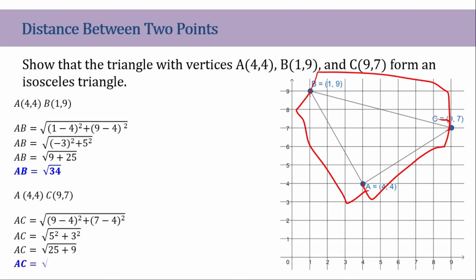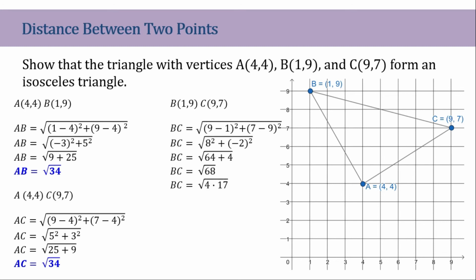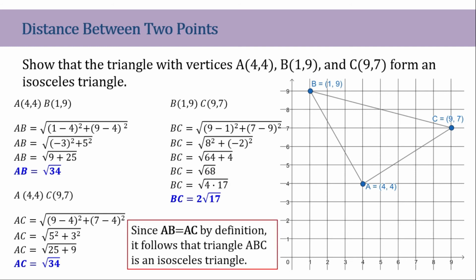AC is a square root of 34 as well. So we have two congruent sides by now. Now the next is to test the other one, BC, if it is not square root of 34. Okay, since we only have two sides that have the same distance, therefore we can conclude the triangle ABC is an isosceles triangle.